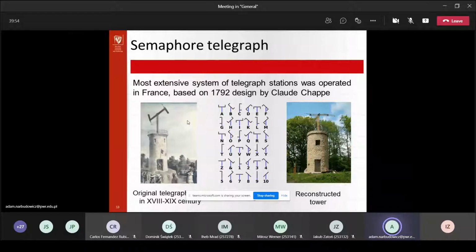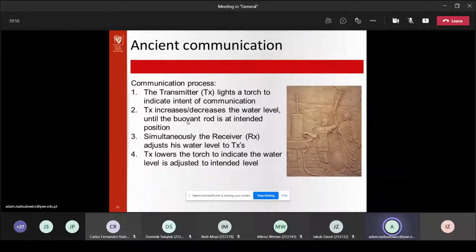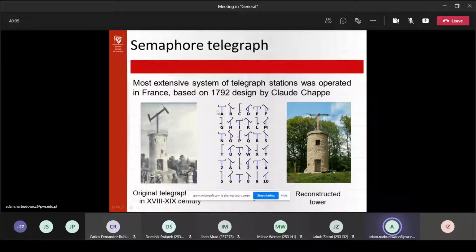The reason being that, contrary to the torch, when you have a limited number of messages, with this system you got much more degrees of freedom because you have some additional arms that you can adjust.